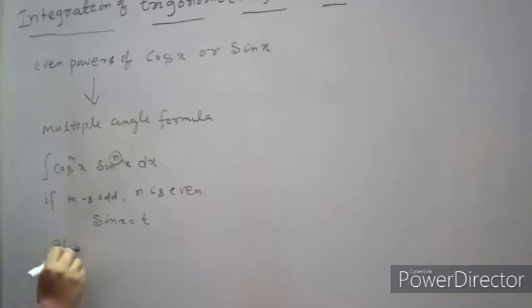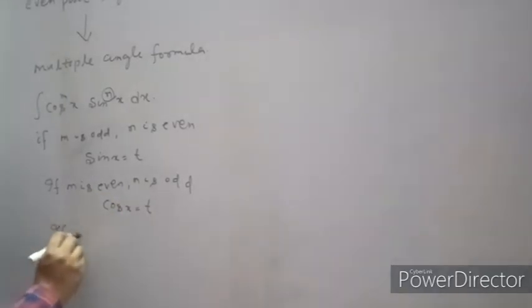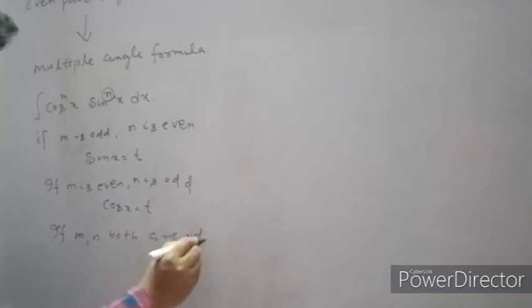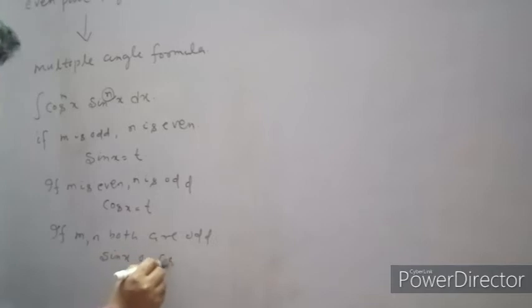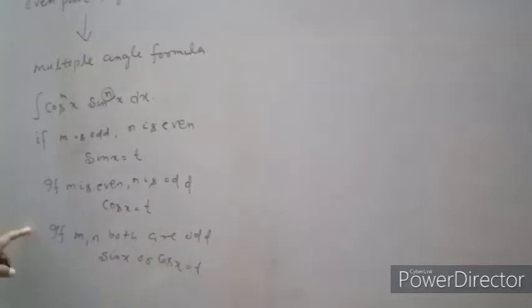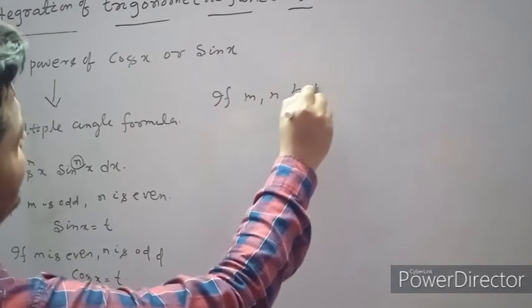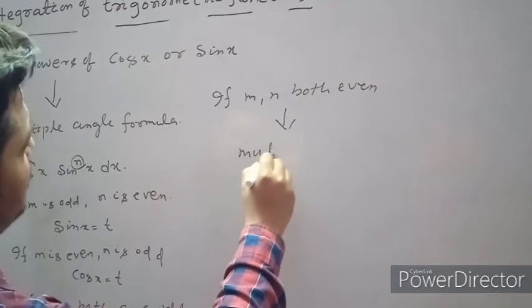And if m is even and n is odd, in that case you have to put cos x equal to t. If both are odd, you can put either sin x or cos x equal to t. But the problem starts when both are even. If m and n are both even, then you have to convert it using multiple angle formula.